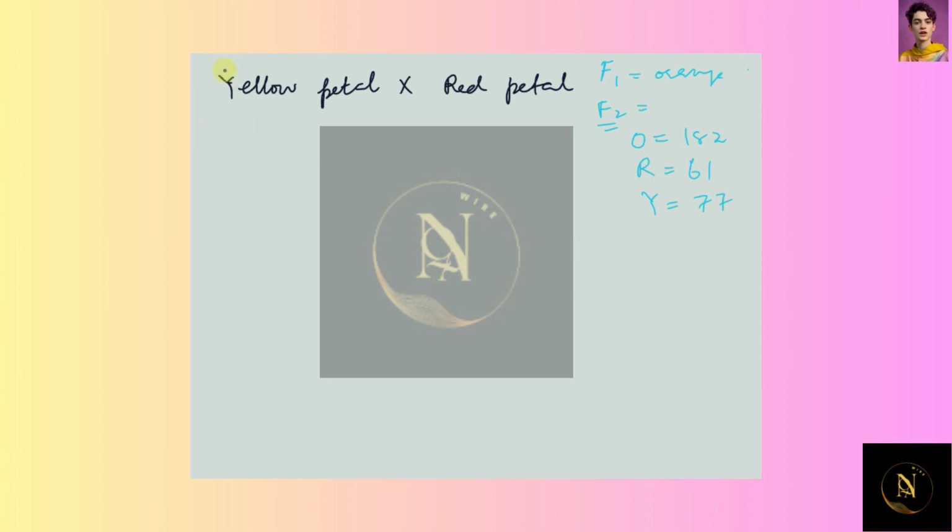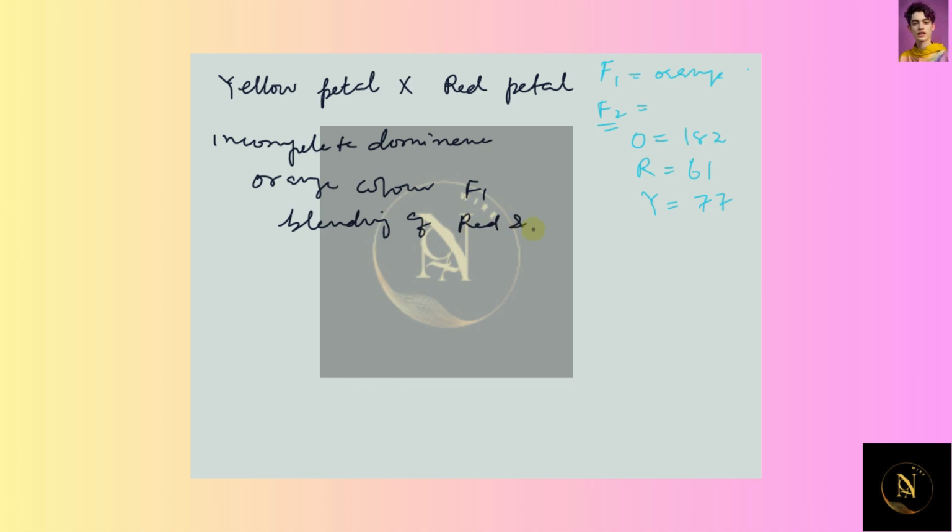So the incomplete dominance would explain these results if the orange color in the F1 generation is a result of blending of red and yellow colors.